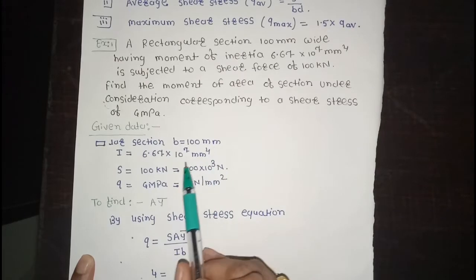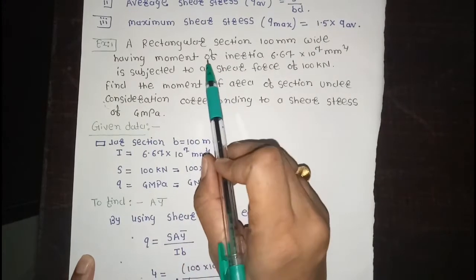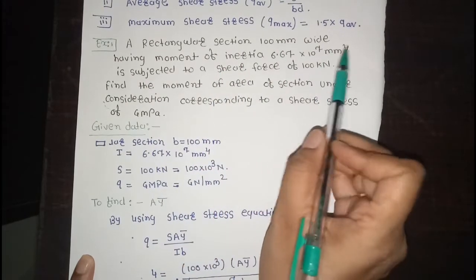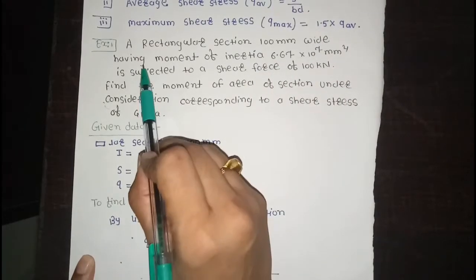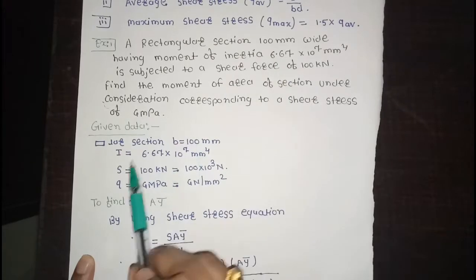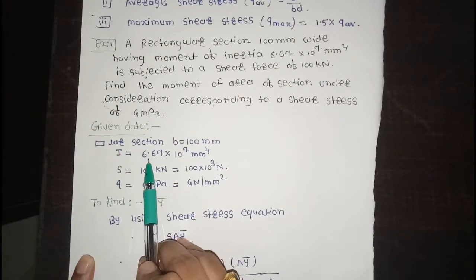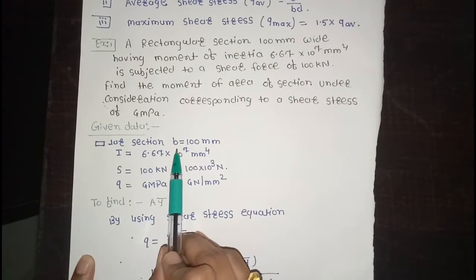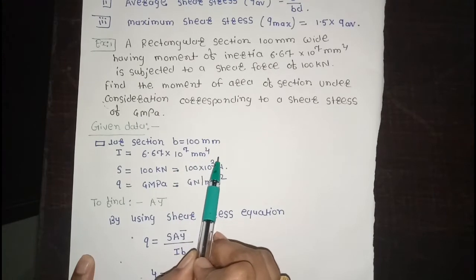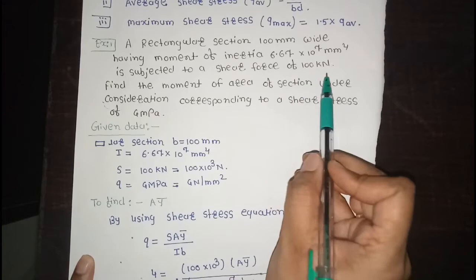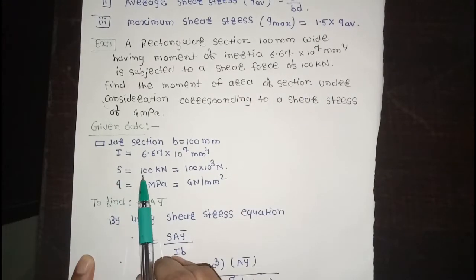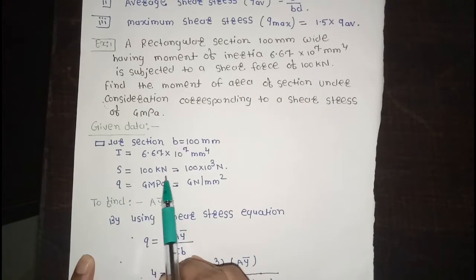Okay, first of all write the given data. Rectangular section 100 mm wide, so B is equal to 100 mm. Moment of inertia I is equal to 6.67 into 10 to the power 7 mm raised to 4. Shear force of 100 kilonewton, so S is equal to 100 kilonewton.